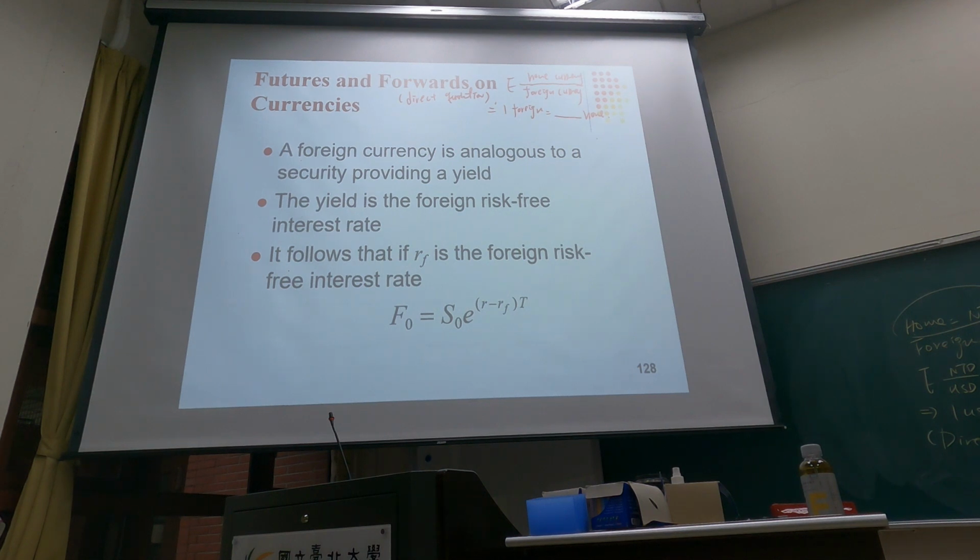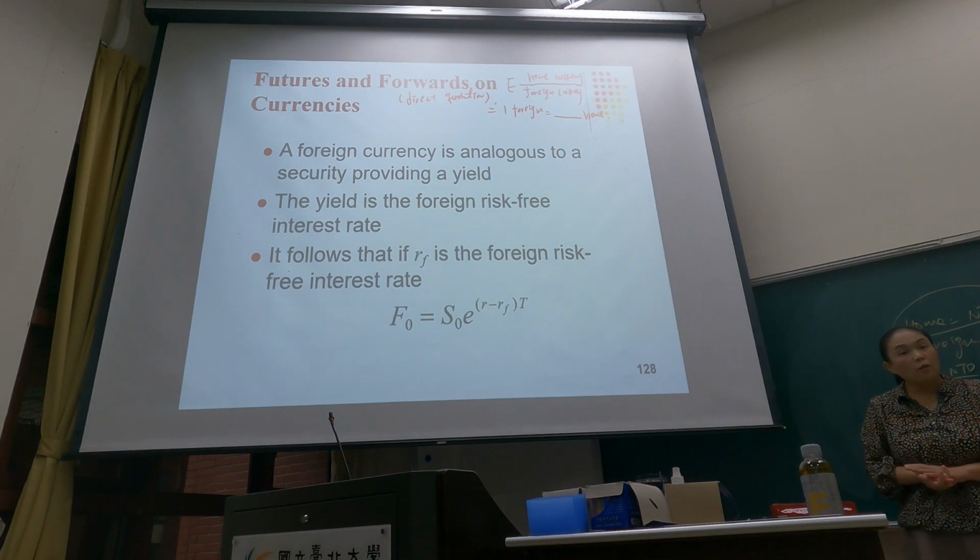So in these theories, the pricing model, we follow the direct quotation here. Okay, this is the direct quotation. So in that case, we start with 1,000 units of foreign currency, okay? So far so good?